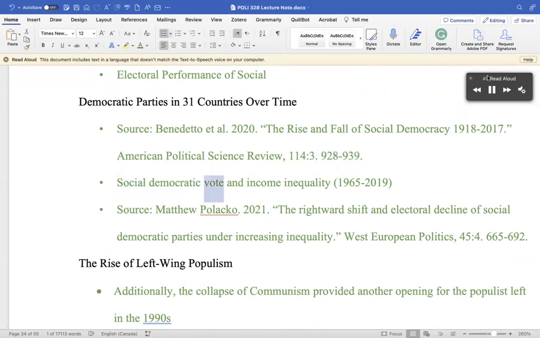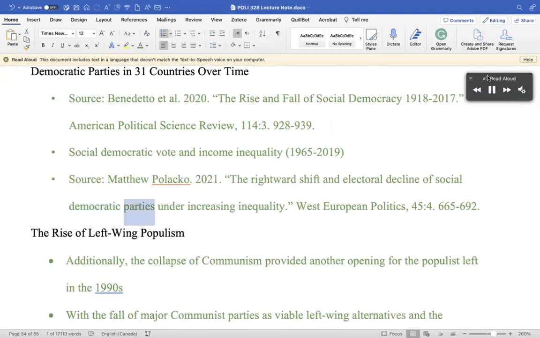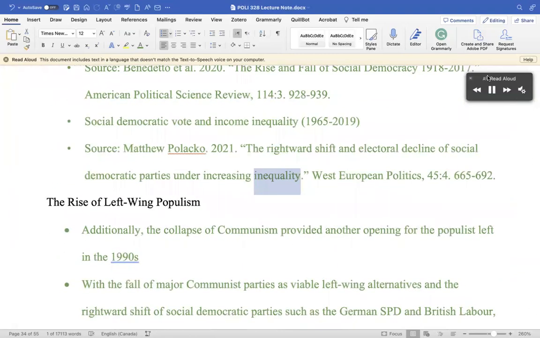Social Democratic Vote and Income Inequality, 1965-2019. Source: Matthew Polacco, 2021. The rightward shift and electoral decline of social democratic parties under increasing inequality. West European Politics, 45(4), 665-692.